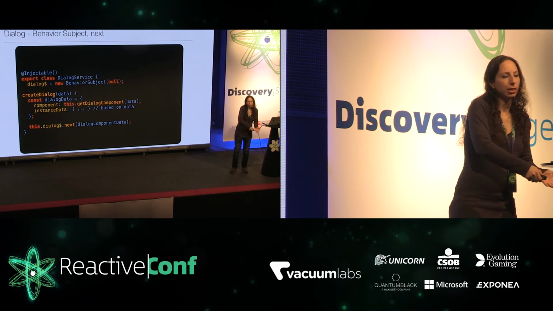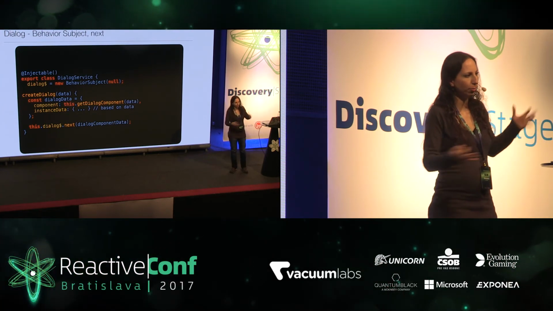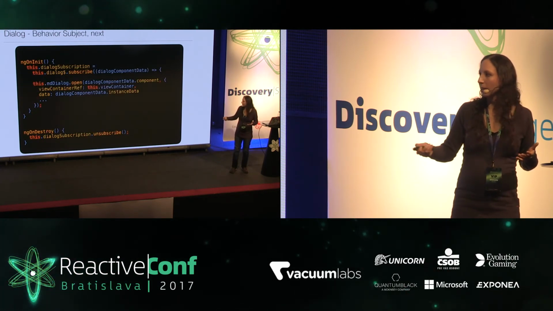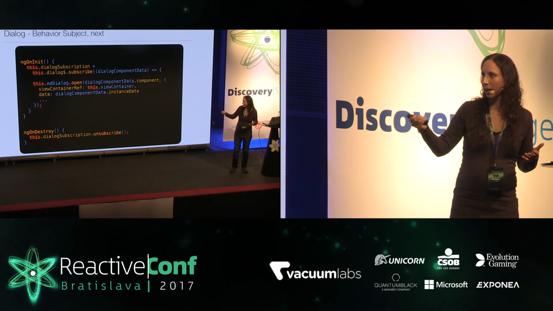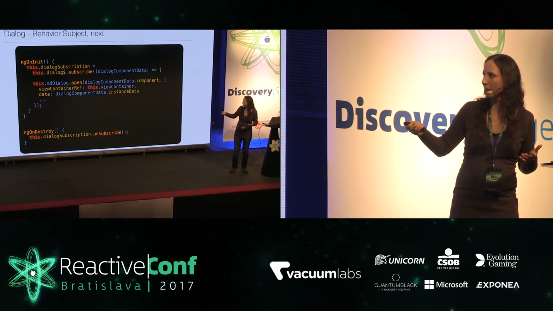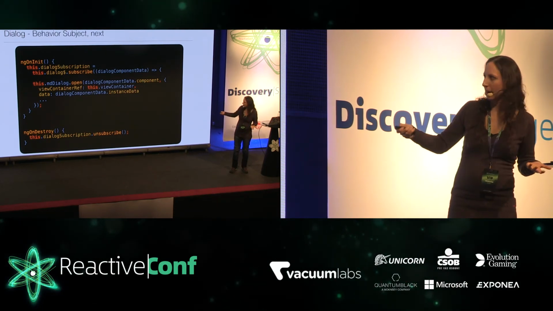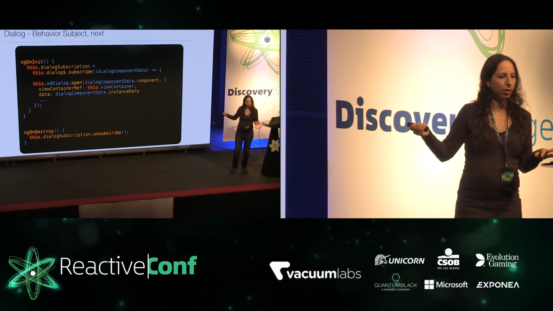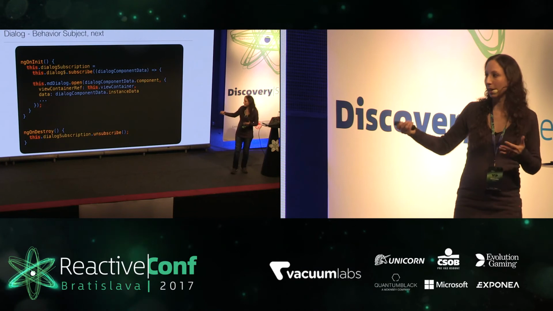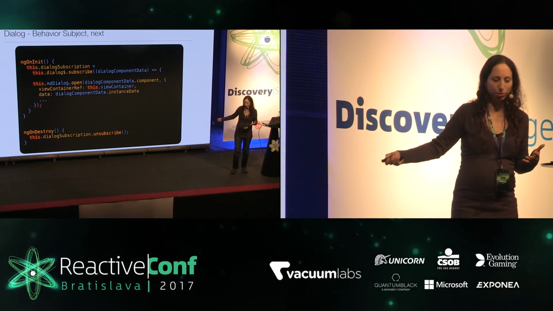And then in the main component, for example, the component that's responsible for opening the dialogs, we subscribe to this dialog, and whenever we get this event, we open the dialog. So this is an example of using a subscription inside the component. So don't forget onDestroy to unsubscribe.